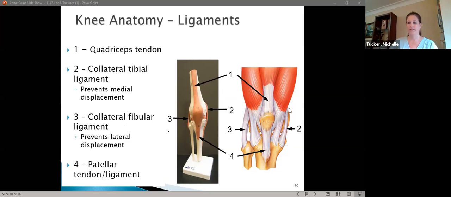The collateral tibial ligament is also sometimes called the medial collateral ligament, the MCL. It prevents medial displacement. You'll hear both of those terms.